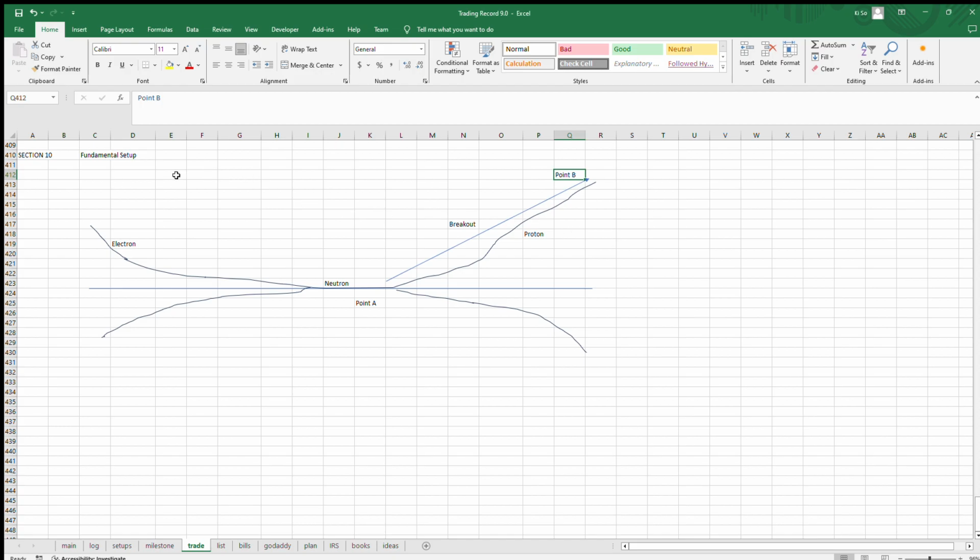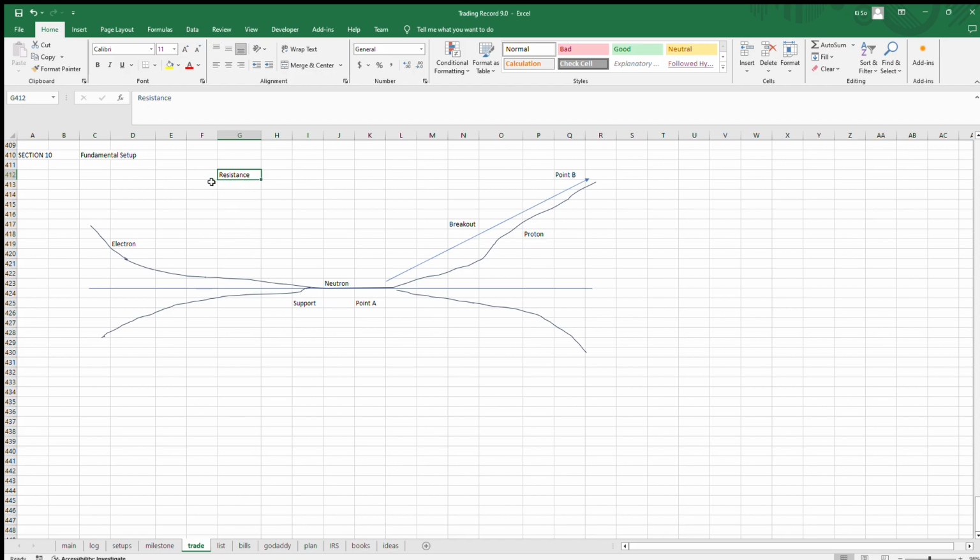People will say, okay, here's support here, resistance here, and there's support here. Okay, that's support. Support here, just like that. That's resistance and support right here, right?